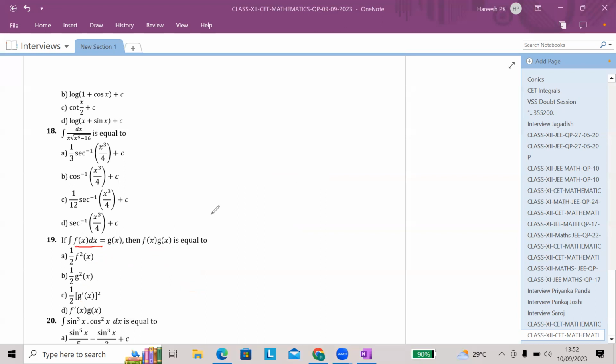Probably we could take another example. We will take f of x as 1 by x. So integral of that, g of x is log x. So now f of x into g of x should be log x by x. Now when do you get log x by x?